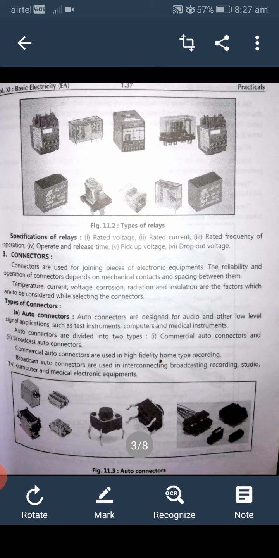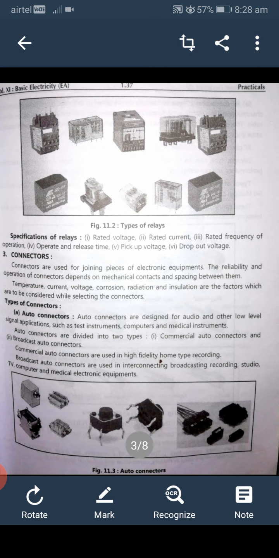Types of connectors. Audio connector. Audio connectors are designed for audio and other low level signal applications such as test instruments, computers and medical instruments. Audio connectors are divided into two types: commercial audio connectors and broadcast audio connectors.